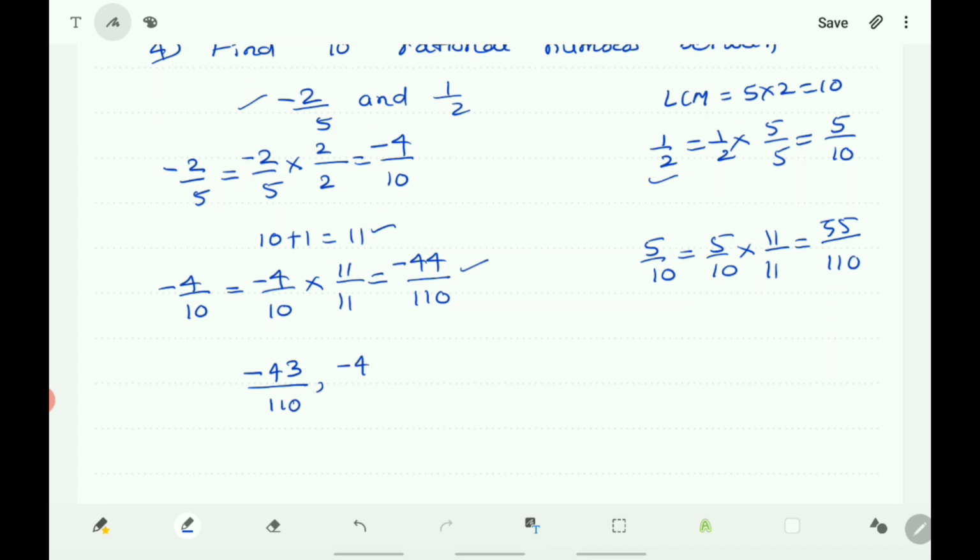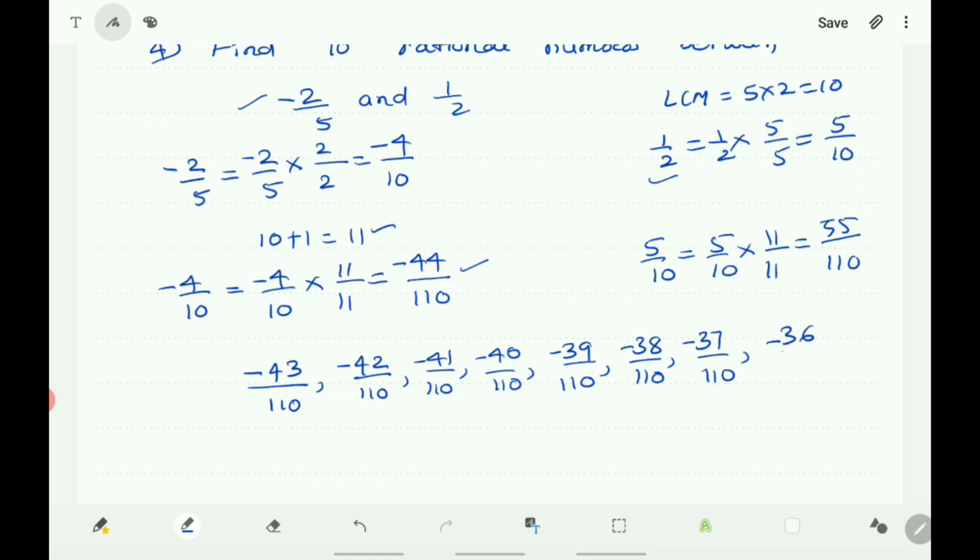Next, minus 42 by 110, minus 41 by 110, minus 40 by 110, minus 39 by 110, minus 38 by 110, minus 37 by 110, minus 36 by 110, minus 35 by 110.